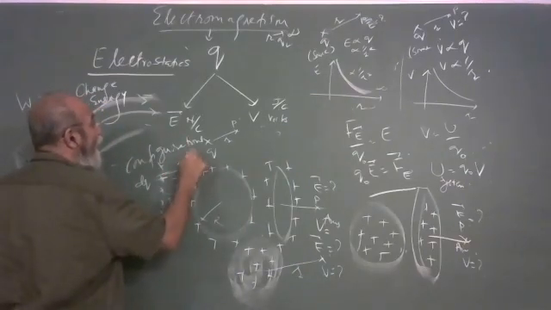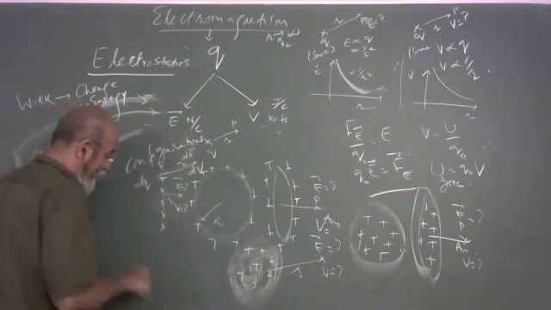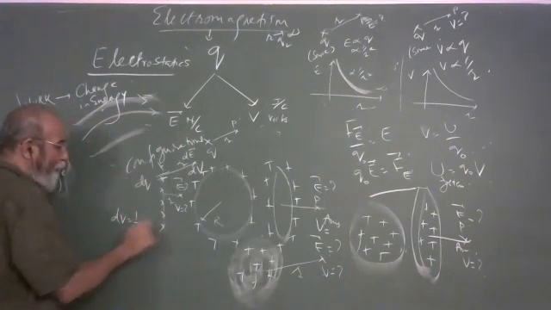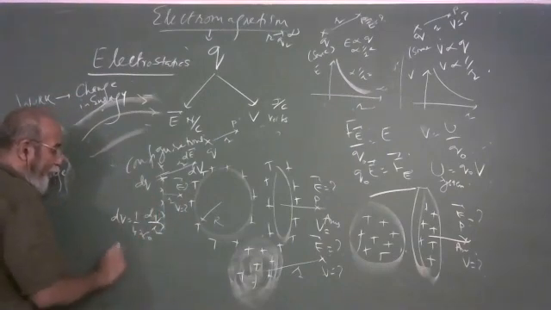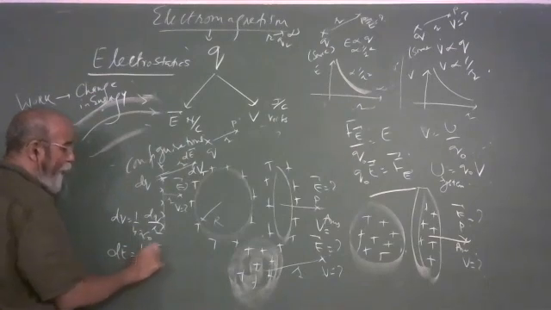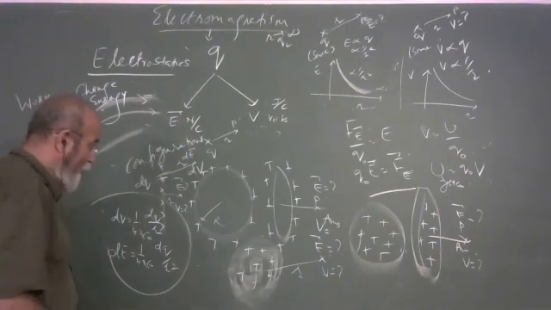What is dE? What is dV? Then dV is equal to 1 upon 4 pi epsilon naught dq upon r. dE in magnitude is equal to 1 upon 4 pi epsilon naught dq upon r squared. This is the basis, the foundation.